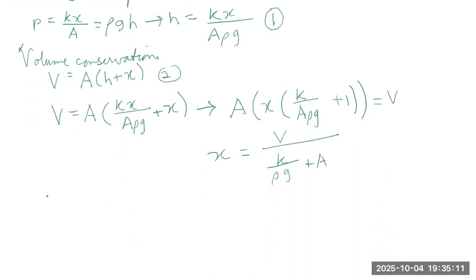So now we plug in the known values. Volume is equal to 10 milliliters, which is 10 times 10 to the negative 6 meters cubed.